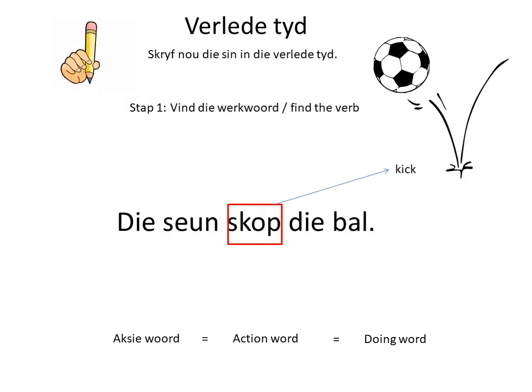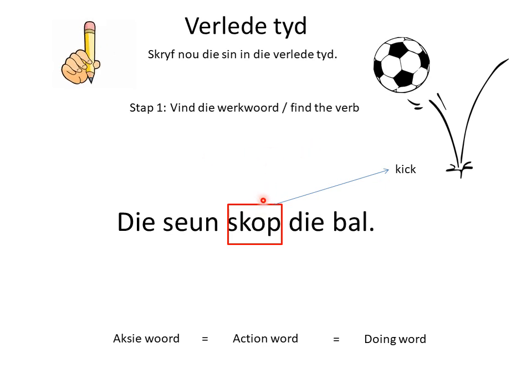Step 1. Stap 1. Vind die werkwoord. Find the verb. Now do you understand why it's important to know what the verb is? Because the very first step is to find the verb.